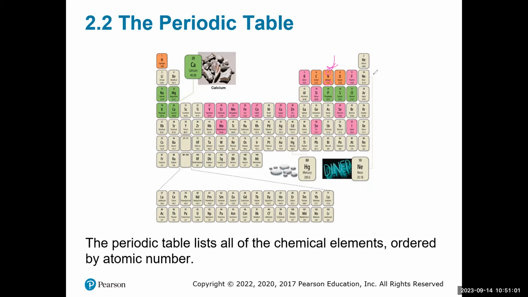So from this chart, you can figure out how many protons, neutrons, and electrons something has. It's all very organized, and if you understand the parts, you can start to put it together.